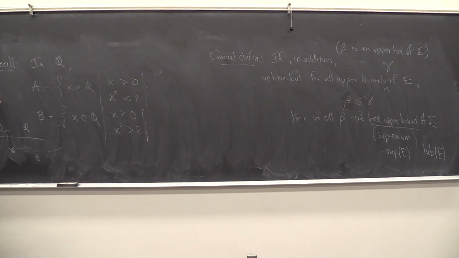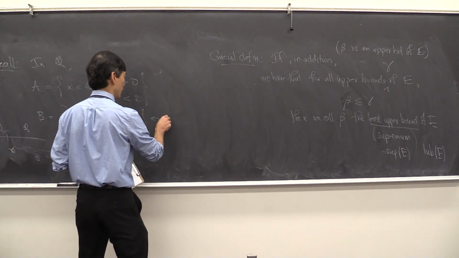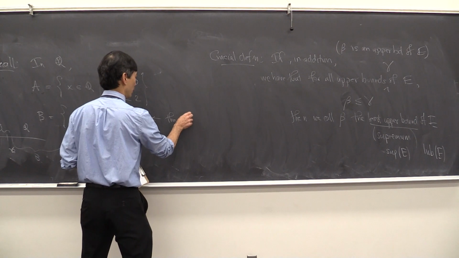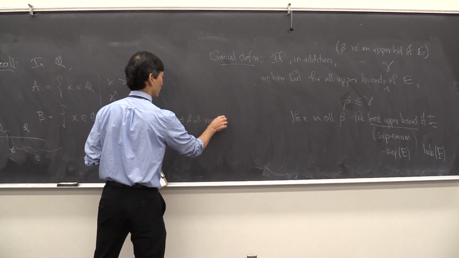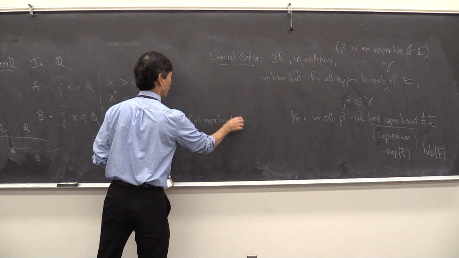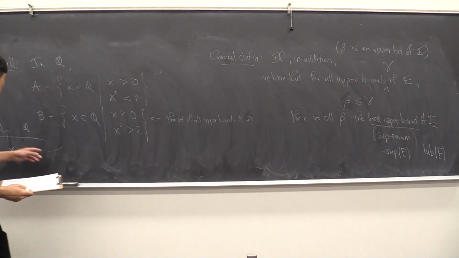Here's the funny thing. B is actually the set of all upper bounds of A. Does that make sense?